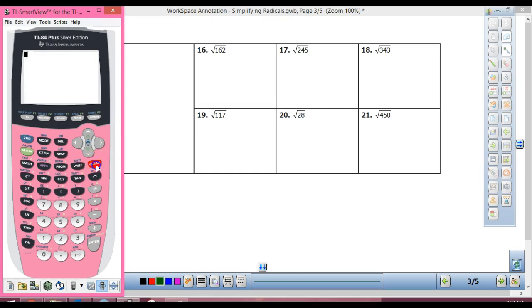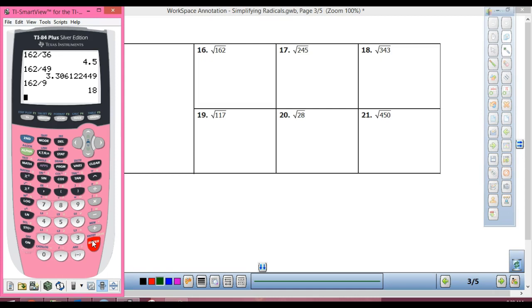Okay, so I've got 162, and I'm just trying to find some perfect squares that go into it. So I might go 162 divided by 36. That didn't work. 162 divided by 49. Nope. 162 divided by 9. Ooh, all right, so let's talk about this. So 9 worked, but what did I get?